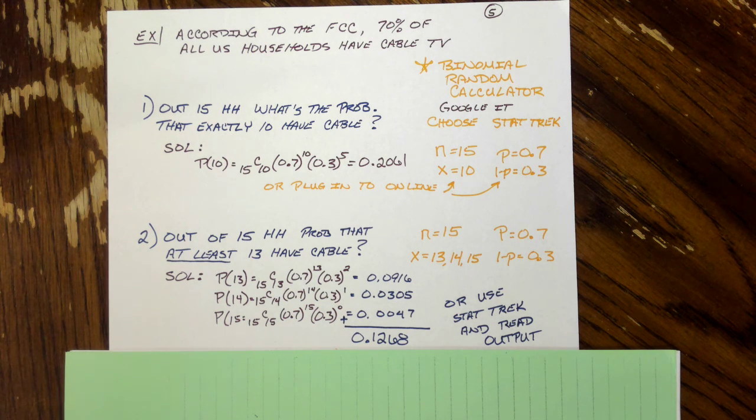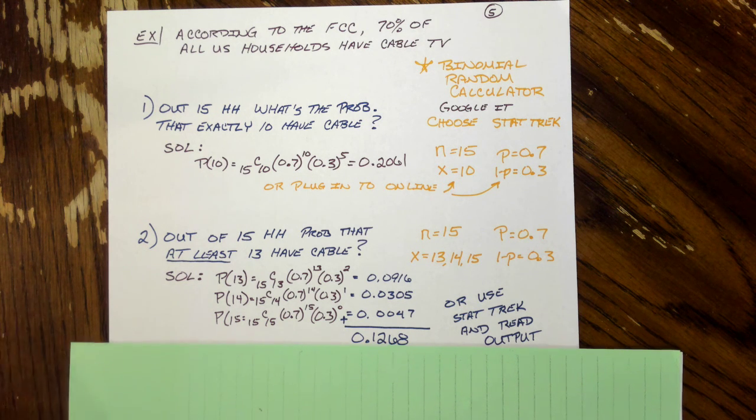Or, I don't know if you catch the emphasis here, what we're trying to put forth. On the StatTrek, I got 0.7 as a first line, 15 trials. Number of successes, we want 13 or greater. So I plug in 13, and then I look at my results after I hit calculate.